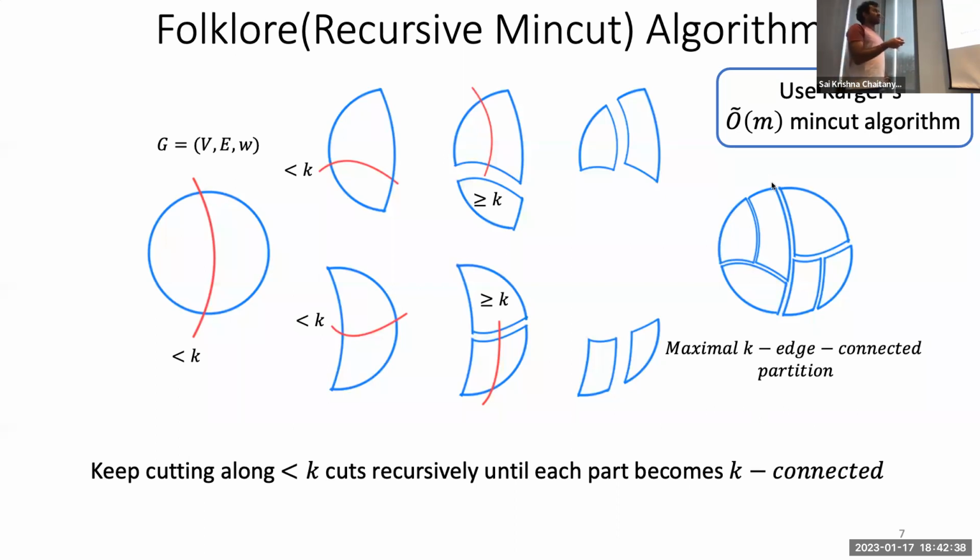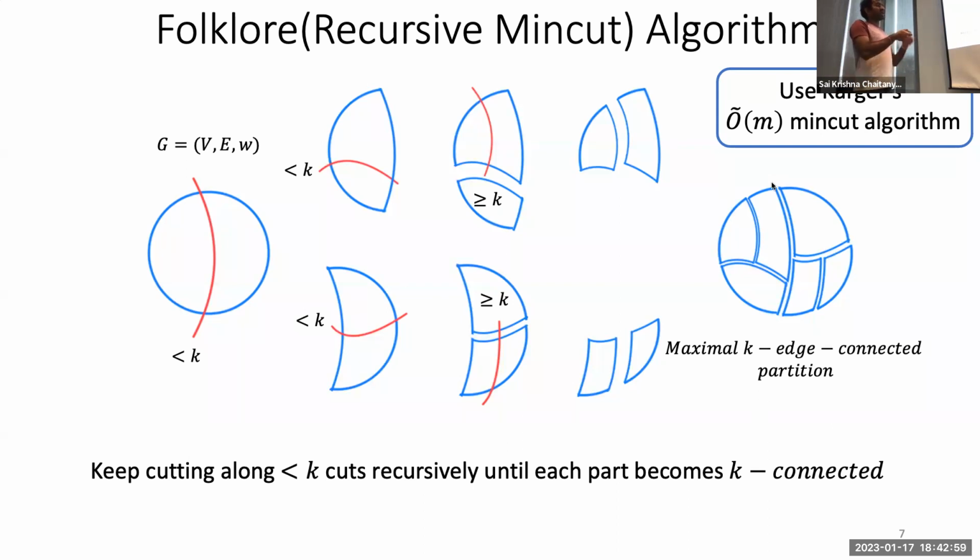First thing, the correctness. Every part of the partition is k-edge connected. That is based on our bottom-out condition of the recursion. So everything is k-edge connected, and assume that this is not maximal. Then there exists a supergraph which is actually k-edge connected.